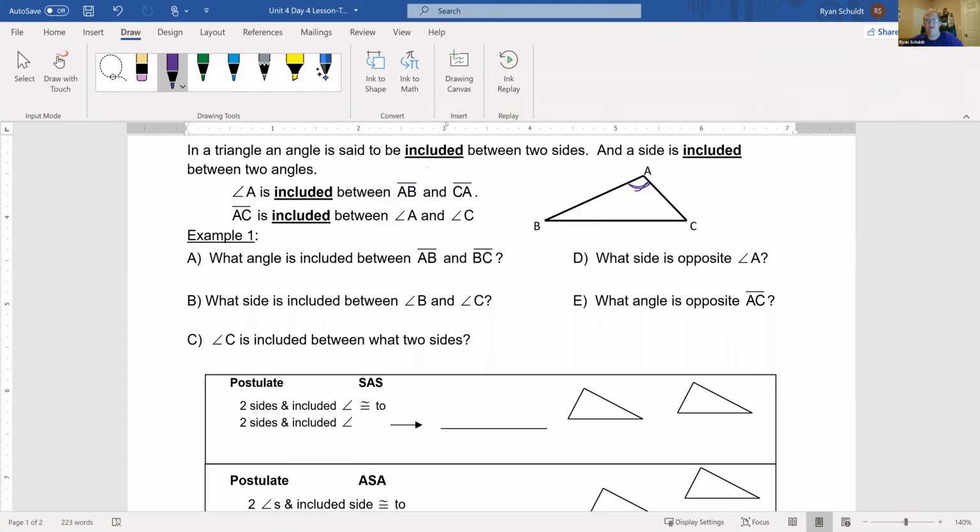So this right here tells us that two sides make an angle. Two sides make an angle.